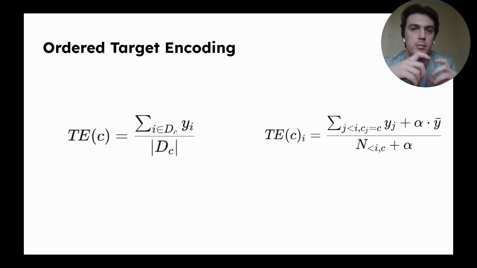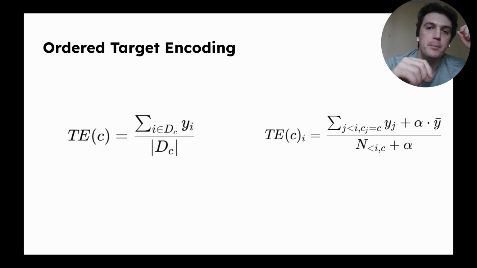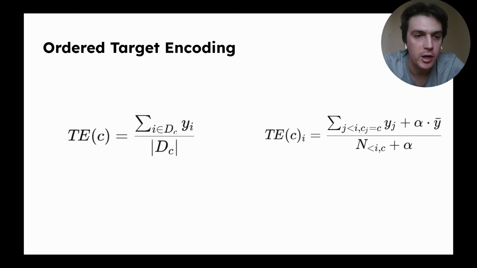That's where you come up with an encoding for a word based on the frequency it appears with your target variable. I'm not going to go too much into what that means, but basically you see what the association is between the target output that you're trying to predict and the categorical features, like how often those two appear in pairs. That's a smarter way to encode, but it has a problem known as data leakage.